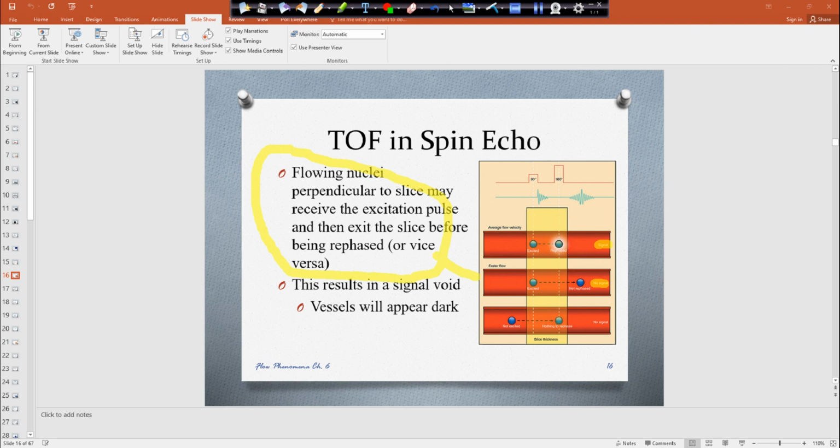And then the third scenario would be that flowing nuclei was here before the excitation pulse even happened, so it hadn't even entered the slice, but then it got a 180-degree refocusing pulse, meaning it basically started from the top and went completely full saturation, so we get no signal again from this scenario.